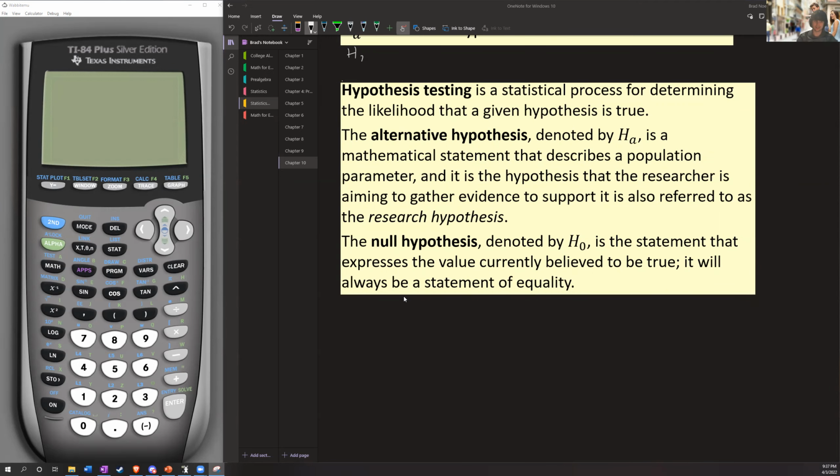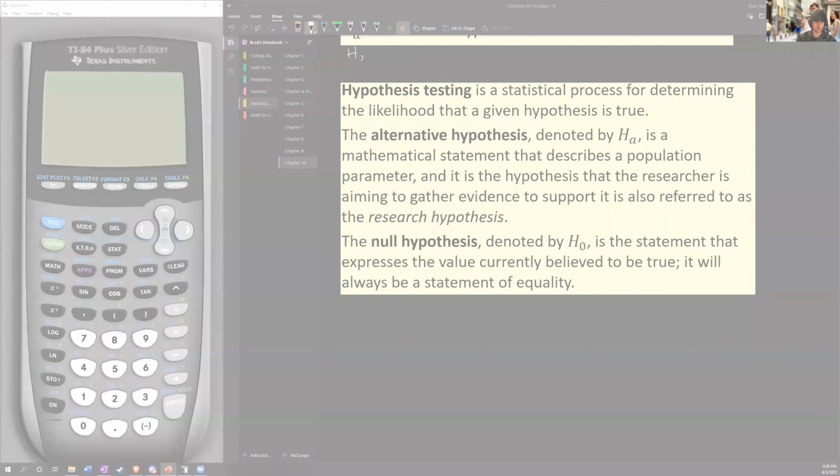The tailed tests refer to our left tail, right tail, or what are called two-tail tests. And we'll get into that in a bit. But first, let's go ahead and just take a look at constructing null and alternative hypotheses.